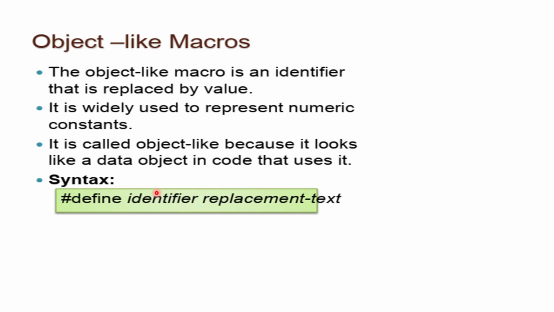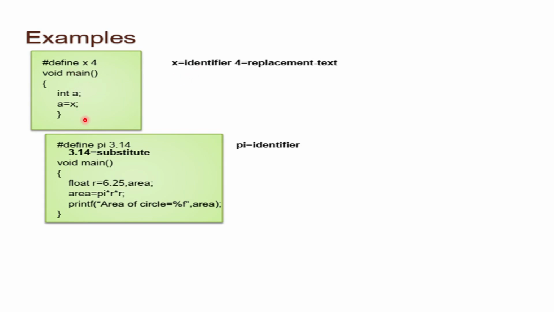For the first type, the object-like macro, it is an identifier that is replaced by a value, some numeric value maybe. For example, in a program like this, you write #define x 4, and then a = x. This is your original code.